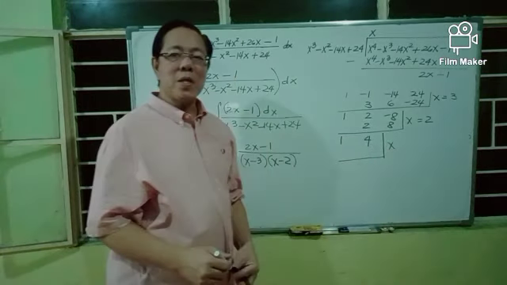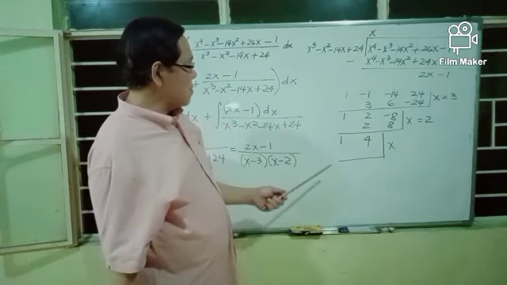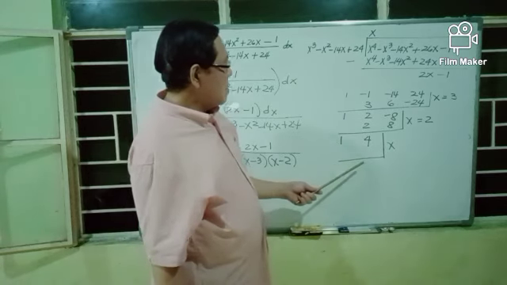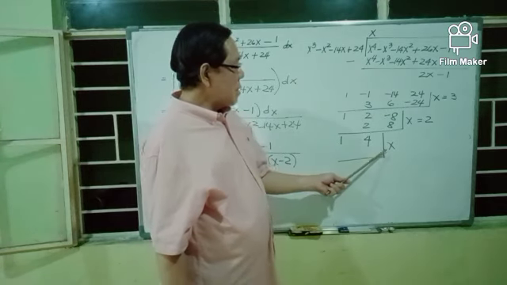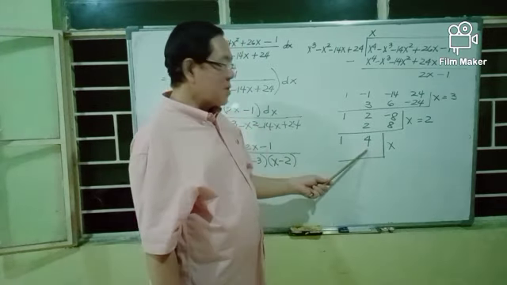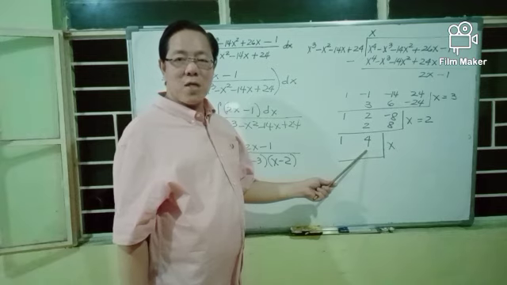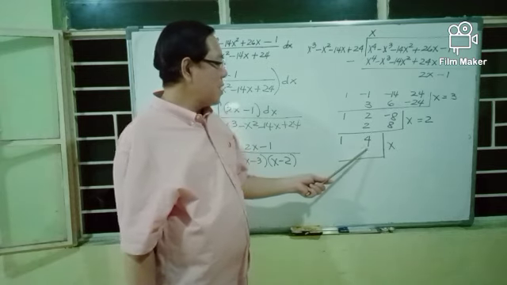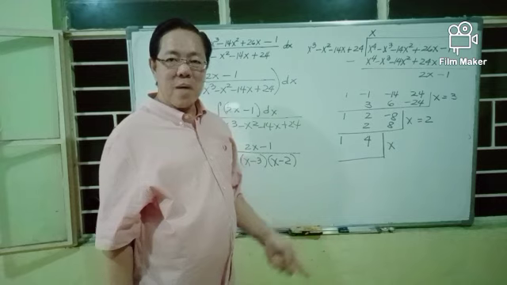Or you continue with the process of synthetic division. The possible values of x are divisors of 4, and those are plus and minus 4 and plus and minus 1. And I will use minus 4.